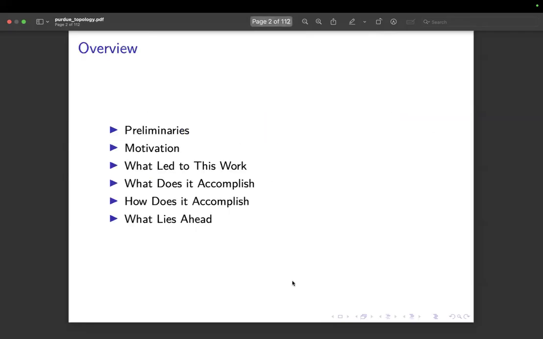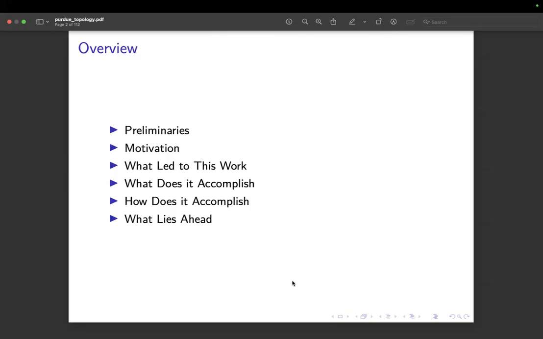So here is an overview of what I'm going to say. First, there is a little preparation. I realized talking to other people that I have to begin by speaking more about what coloring is. Then the motivation is necessary because it helps you connect with the work that I was actually pursuing.